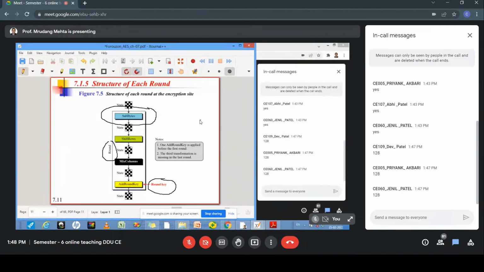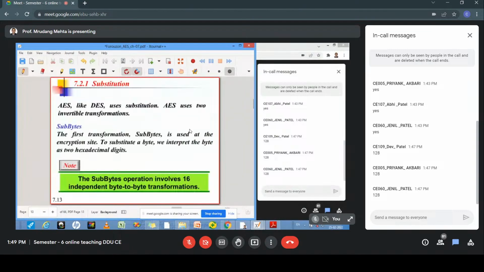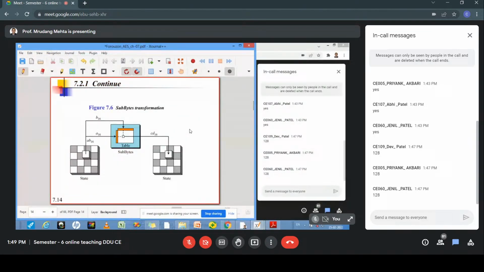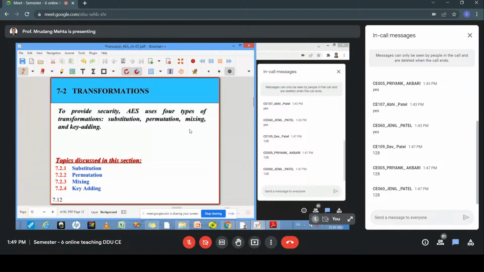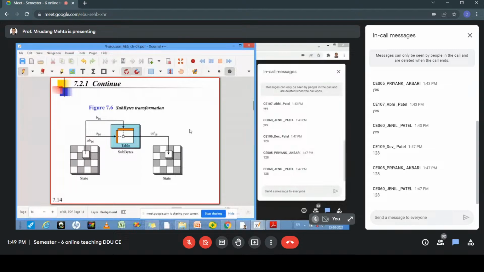One add round key is applied before the first round, that is the pre-round. And the third transformation, that is mix column, is missing in the last round. Now we discuss substitution, permutation, mixing, and key adding. First we discuss substitution.